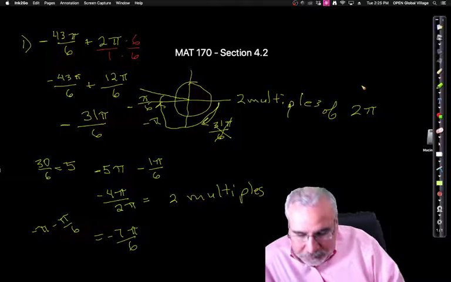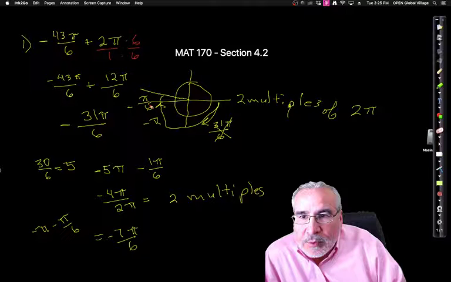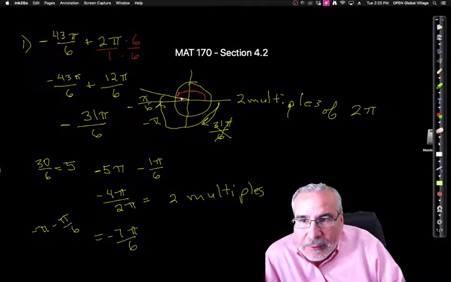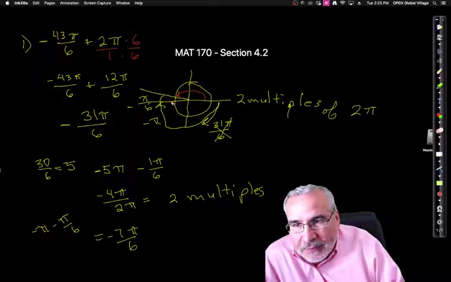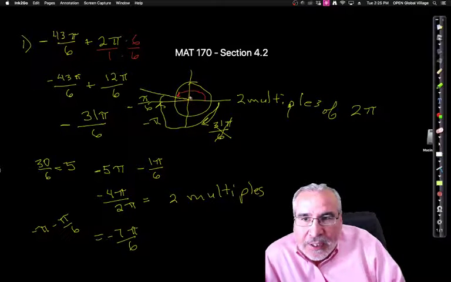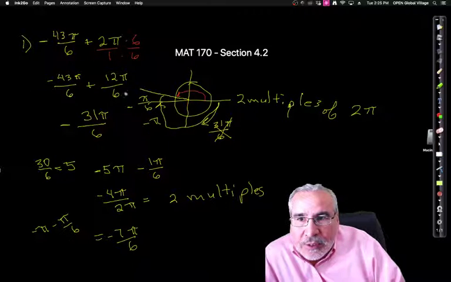So now, how would we measure this angle if we come directly here? Well, that would be 6 pi over 6, 1 pi, if I go all the way, but it's 1 less. That's going to be 5 pi over 6.